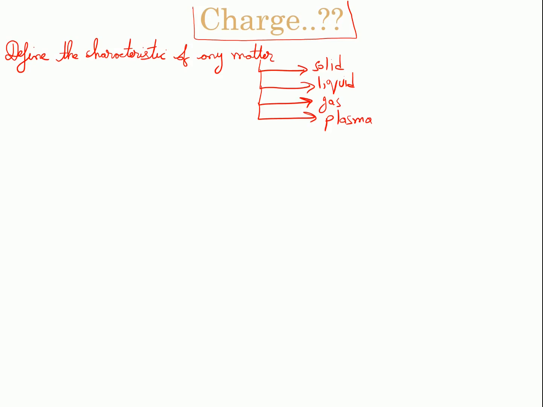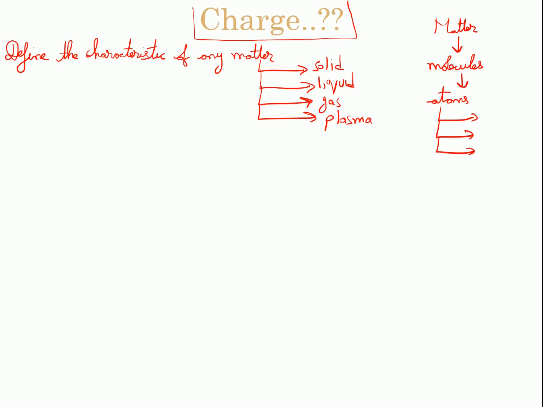And if you want to be more specific, the distribution is as such. Matter consists of molecules, then it has atoms, and then atoms have the charge values in these three types.